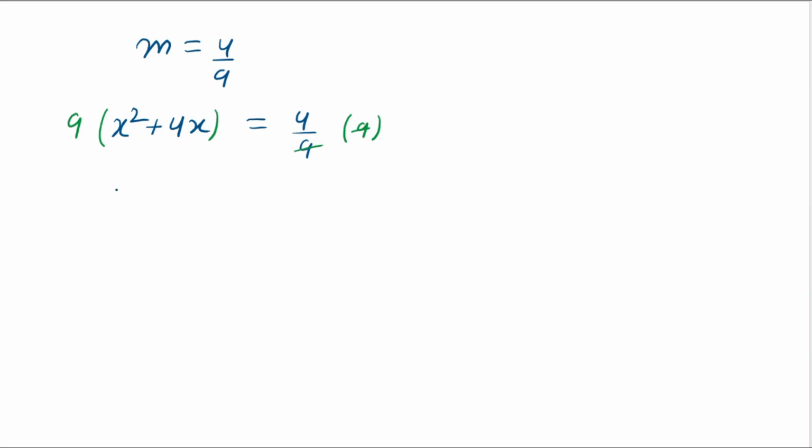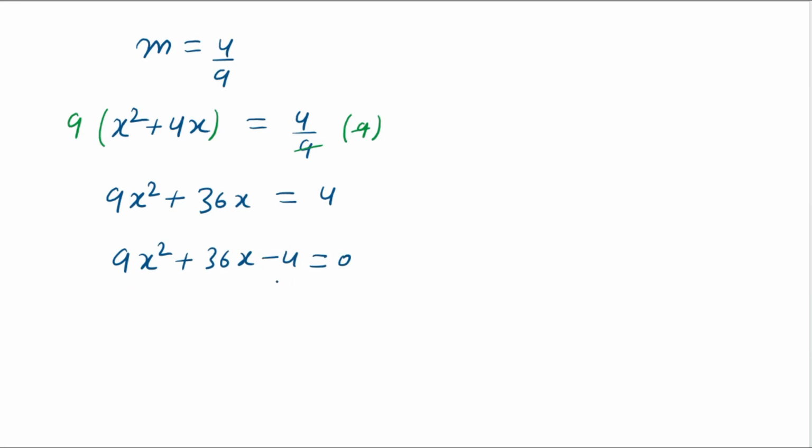This 9 is multiplied by x square, then you will get 9x square, plus this 9 is multiplied by 4x, then you will get 36x, and this is equals to 4. Now if we take all the expressions on the same side, then 9x square plus 36x minus 4 is equals to 0.